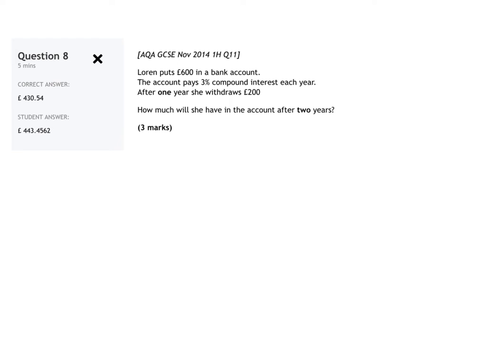Now, we know that a 3% increase means that we use a 1.03 multiplier. 100% plus 3% equals 103%, which is 1.03 as a multiplier.